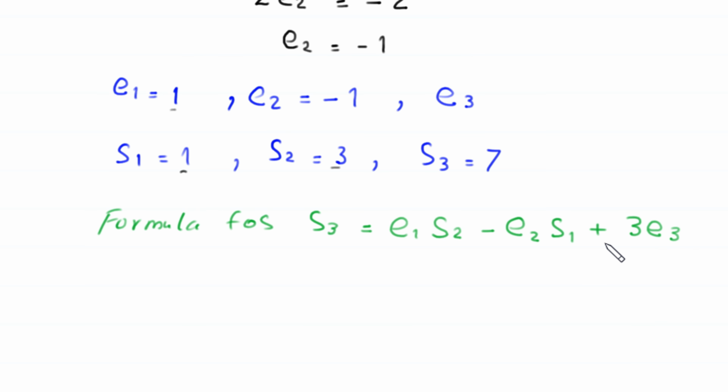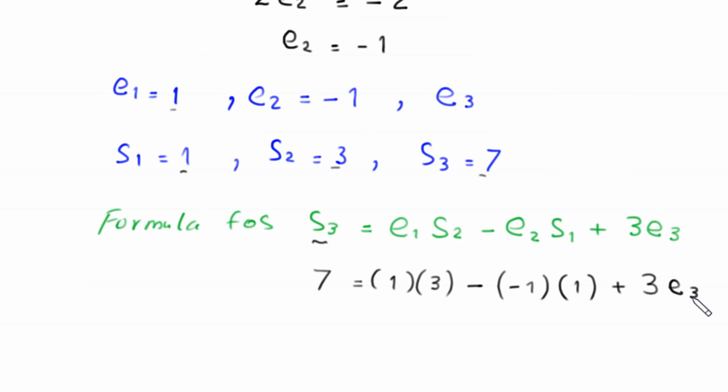In this formula we replace S3 with 7. So 7 is equal to E1, which is 1, times S2, which is 3, minus E2, which is negative 1, times S1, which is 1, plus 3 times E3.